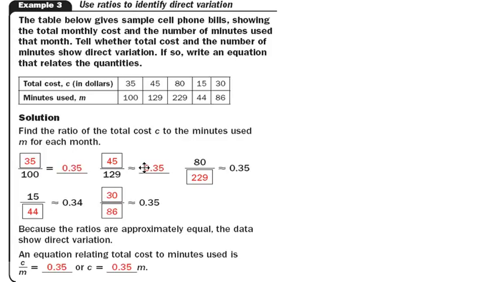And 0.35, 0.35, 0.35, 0.35, this one's 0.34. So they're all really close. They're either exactly 0.35 or real close. And that's what it says down here, that this is a sort of real-world model for the total cost and minutes used. And the constant of variation here is going to be 0.35, 35 cents.